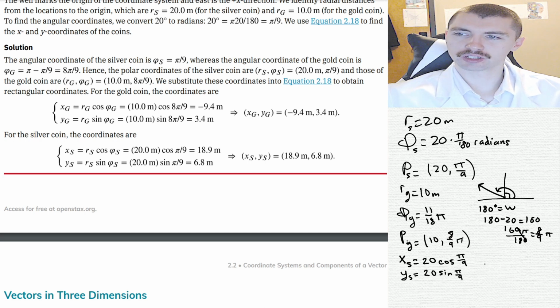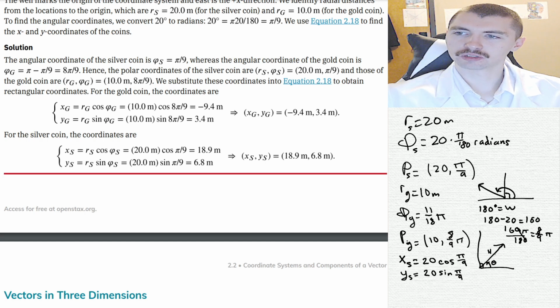So what is this doing? Essentially, we have this vector, and we know the hypotenuse, and we know this angle theta or phi or r, whatever you want to label it.